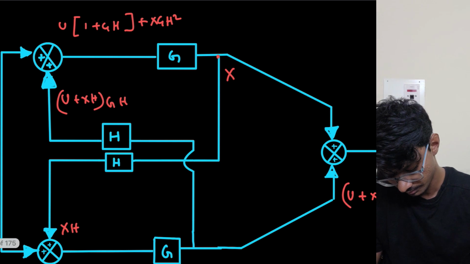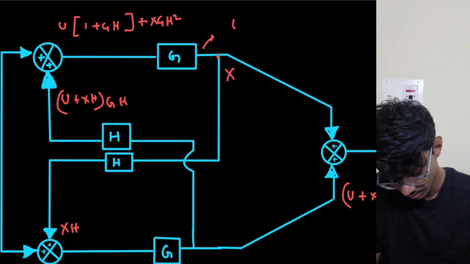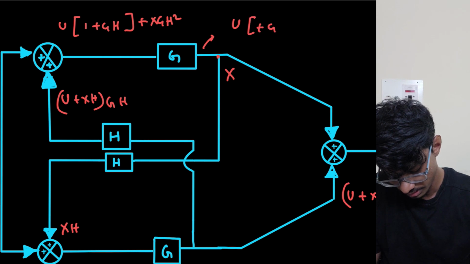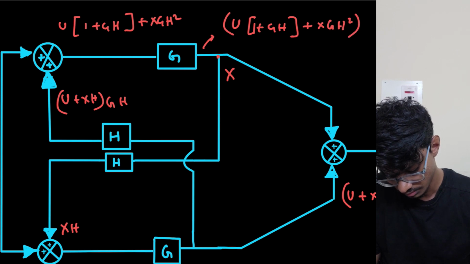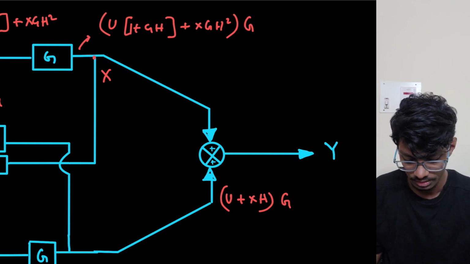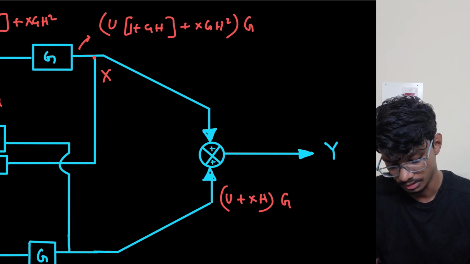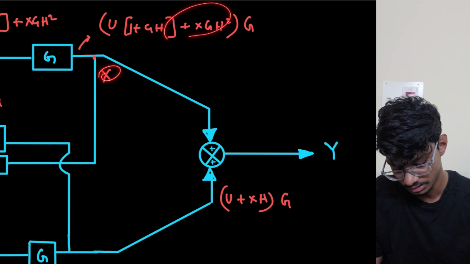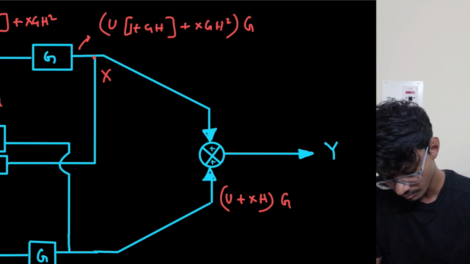So this point is u into 1 plus gh plus xgh square, into g. Now let me equate this with x.